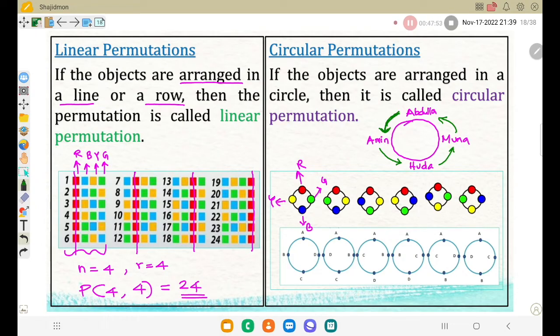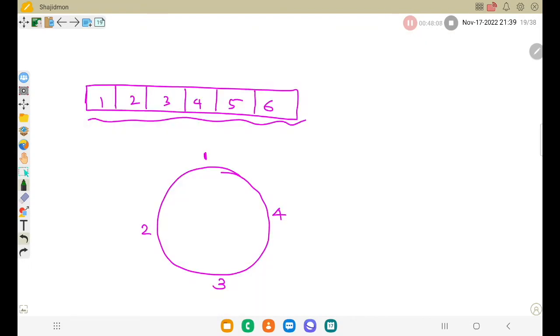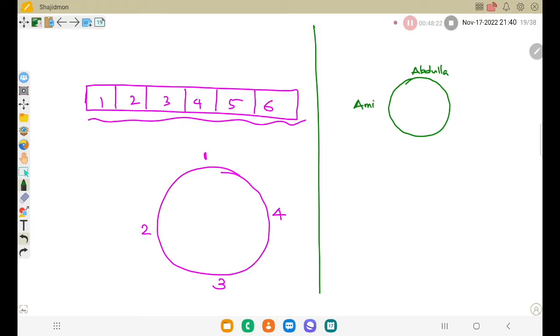Now in this example, the red, yellow, blue and green colors, I can arrange in 6 ways. When we are arranging, don't count the permutations of rotation. Rotation we don't consider. That is why the number is 6. For example, here in this circle I can draw: here Abdullah, here Amin, here Huda is sitting, and here Muna is sitting.